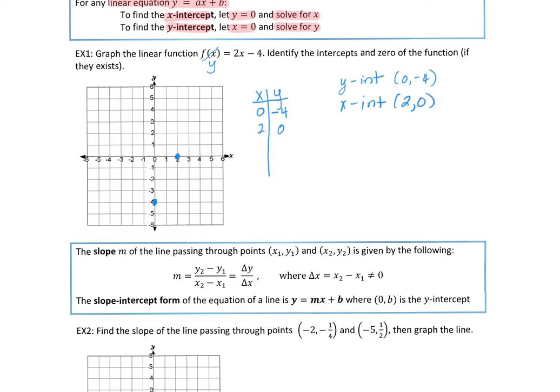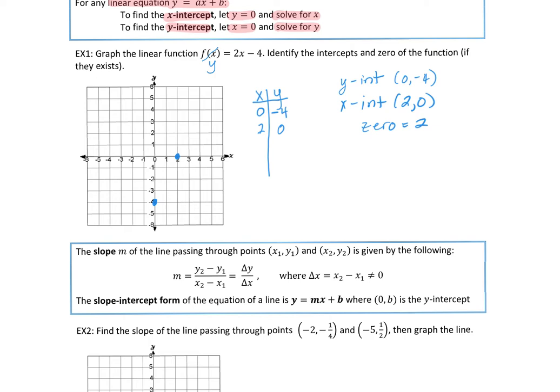And now, since my y is equal to 0 when x is equal to 2, that a value that we're talking about for the 0 of the function is just going to be 2. So that would be our 0. So the 0 of the function is just a value, but the intercepts are points. Okay, so the 0 of the function is simply the x value for the x-intercept.